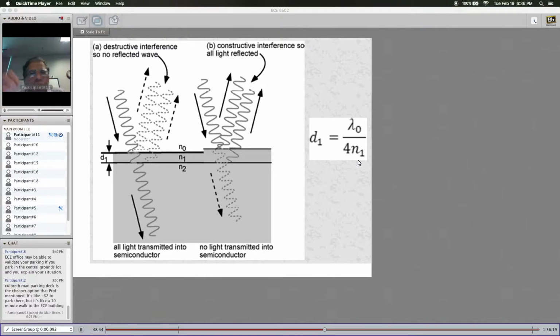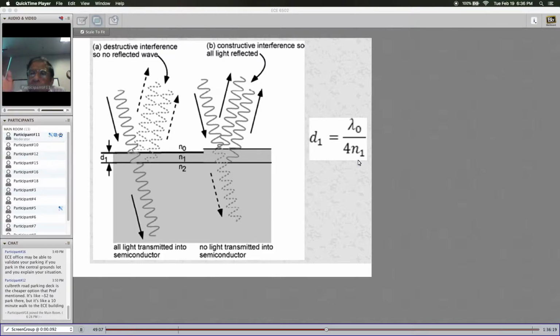So we found just from the physical discussion that film thickness needs to be a quarter of the wavelength divided by the index, because if it is air, then it will be quarter lambda over 4, but we need to take into account the index because the light is traveling in that medium.